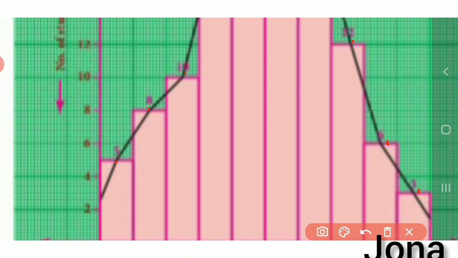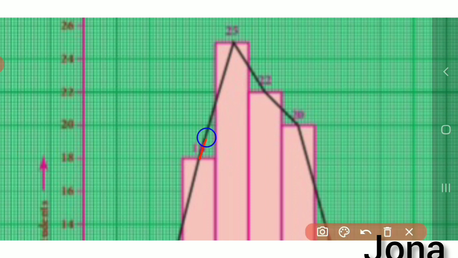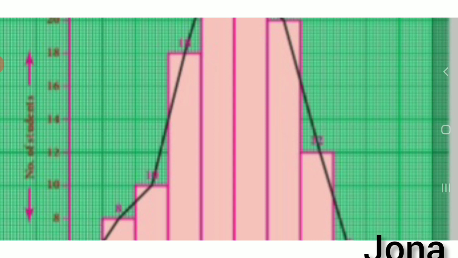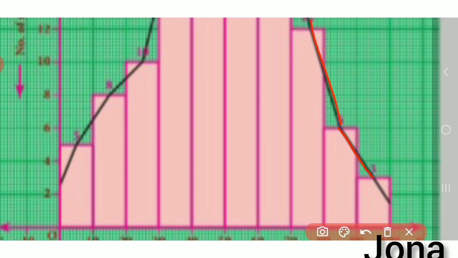From here to here I want to join, and then from here to here, and then again from here we join to the next midpoint, from this midpoint to the next midpoint, and then again from this midpoint down we can go, and so on until the last midpoint, where there is nothing further.